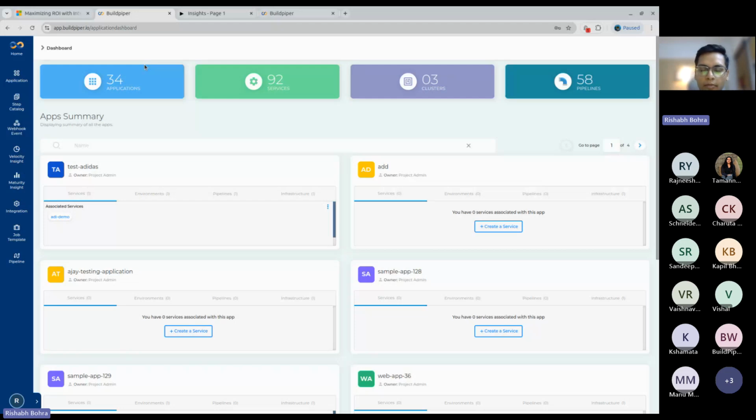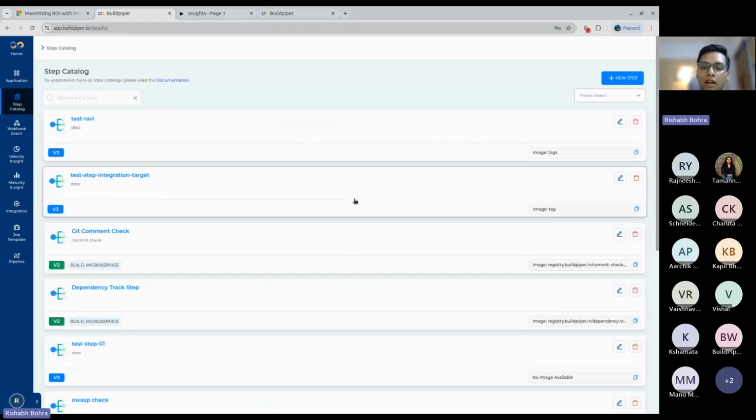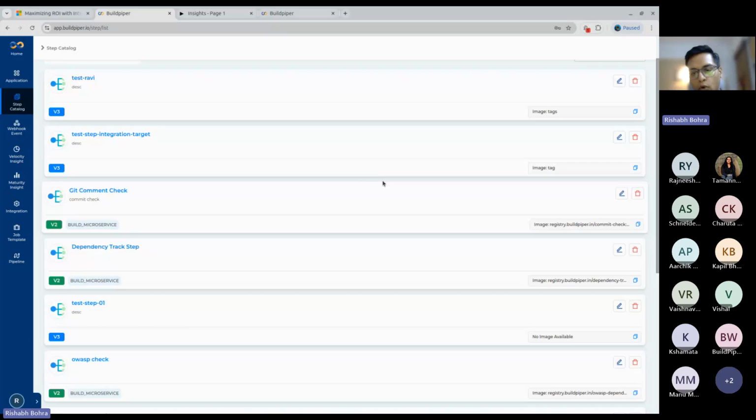So as I mentioned earlier, BuildPiper is an end-to-end application delivery platform where, on day zero itself, it provides you with a lot of integrations with different tools focused on security. Certain integrations can help you with the actual deployment of a piece of infrastructure on Azure, on AWS, on GCP, across multiple cloud providers.